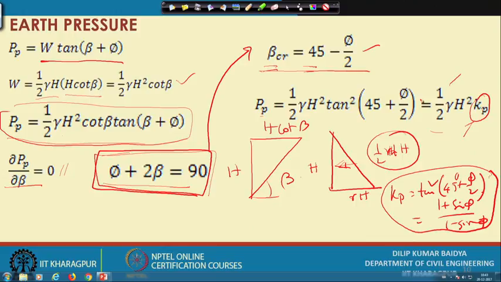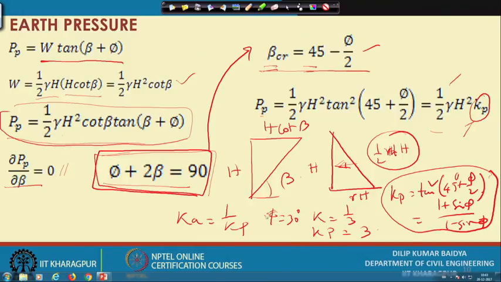Now, you can see the relationship between Ka and Kp. Ka will be equal to 1 by Kp. So, if a soil has phi equal to 30 degrees, then you have Ka equal to 1 by 3 and Kp will be 3.